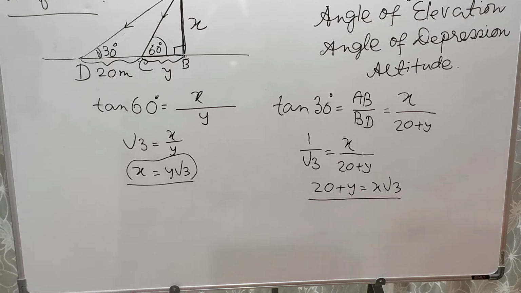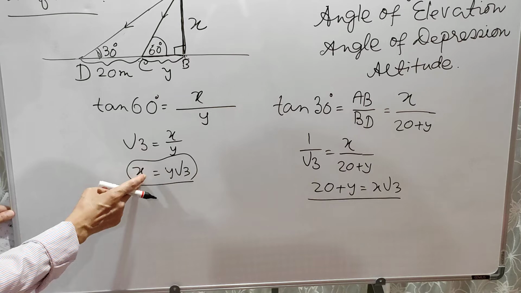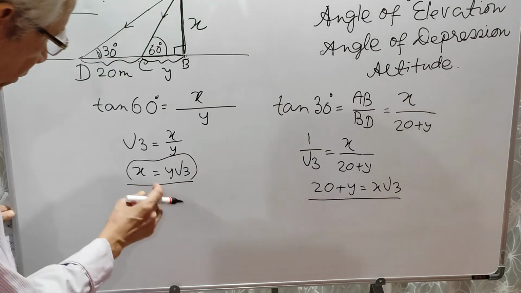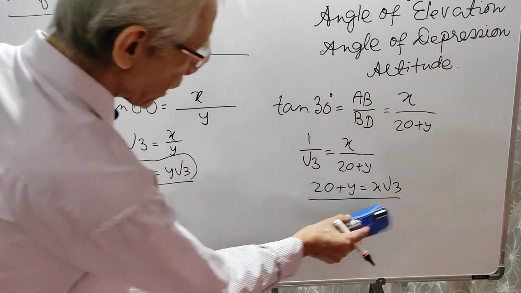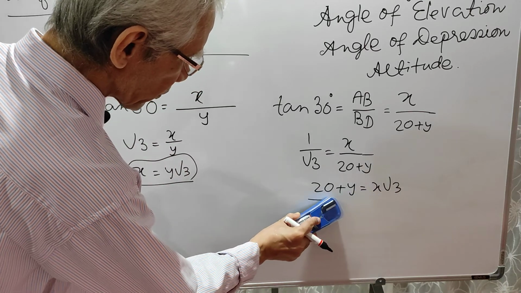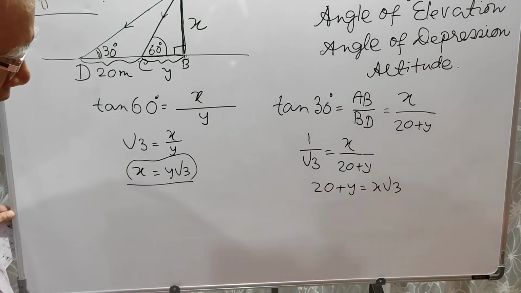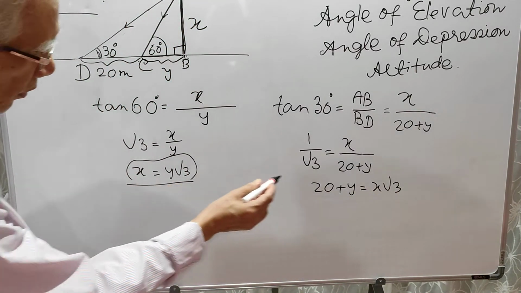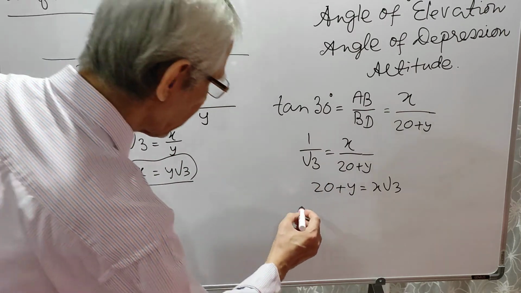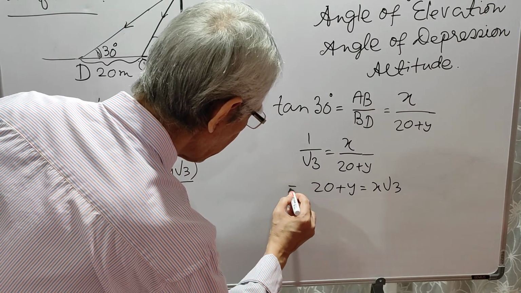Now how to solve here? So you put the x value here. There are different ways of solving, but I'm trying to find an easier way. So put the x value here and continue this one.